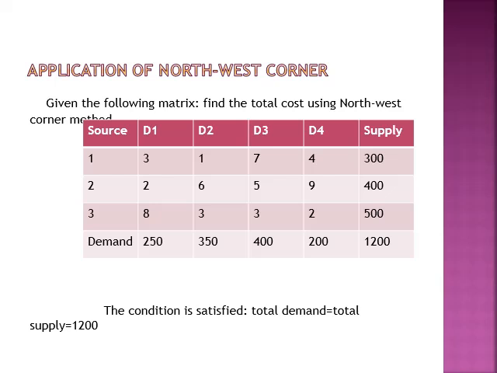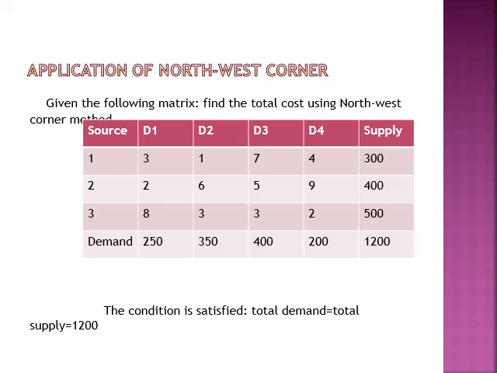D3 requires 400 while source 2 has 100. We will supply D3 with 100, the remainder is 300. We will state 100 near the cost 5.